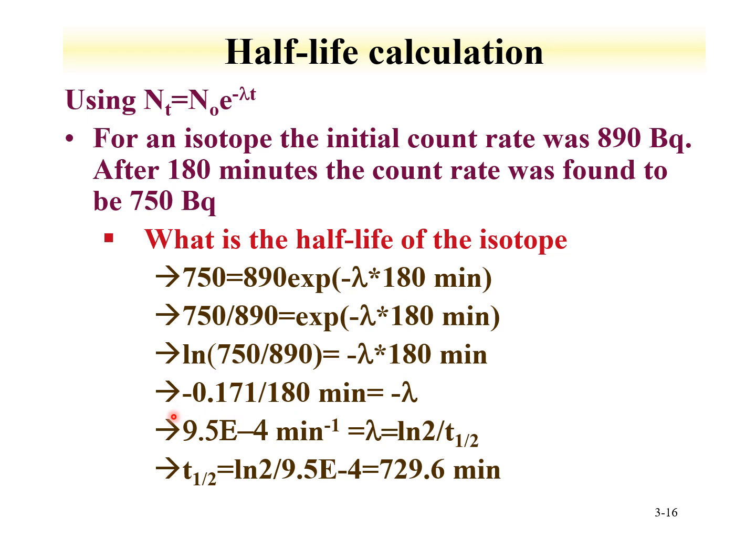This value here is equal to 9.5 times 10 to the minus 4 inverse minutes, which is equal to lambda, which is equal to log 2 divided by the half-life. So the half-life is equal to log 2 divided by this value, which is 729.6 minutes.